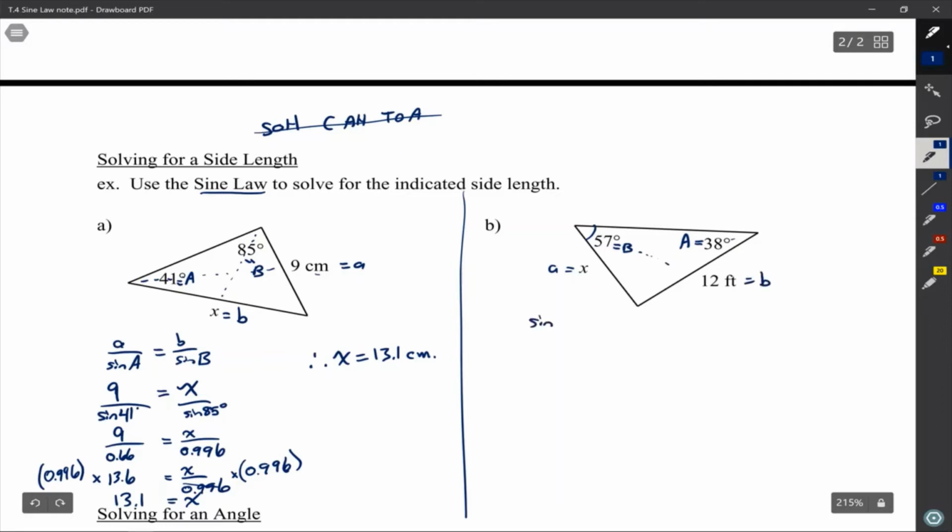So my sine law, we'll use it in the same form as before. So A divided by sine of angle A equals B divided by sine of angle B. And if I'm substituting in, A is x, sine A is sine of 38 degrees, B is 12, sine B is sine of 57 degrees.